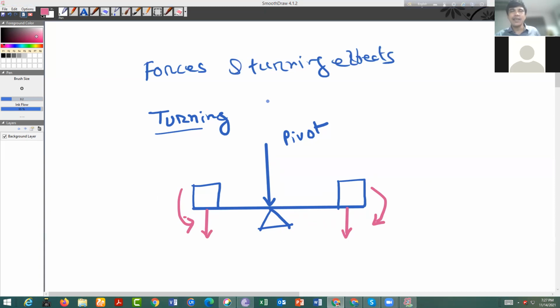Moment means at a certain point of time, if any force is acting, that is called moment of force. Moment acts about a pivot in a clockwise or anti-clockwise direction. Got this point? So it can be clockwise, anti-clockwise, or about the pivot. In these three ways it can apply the force.